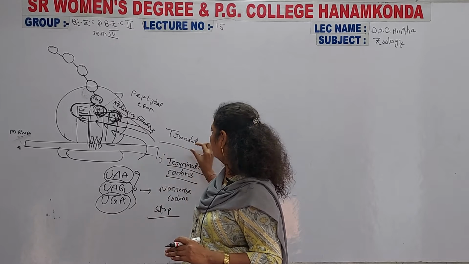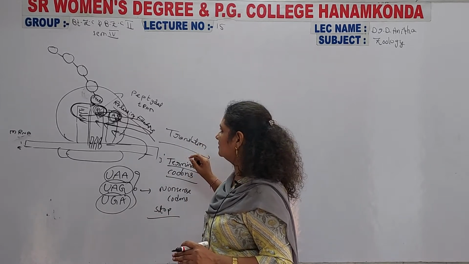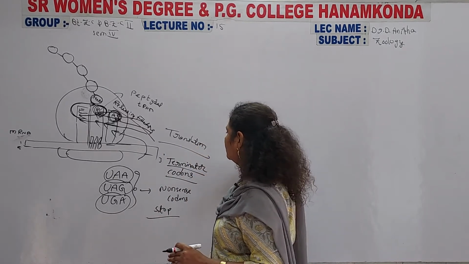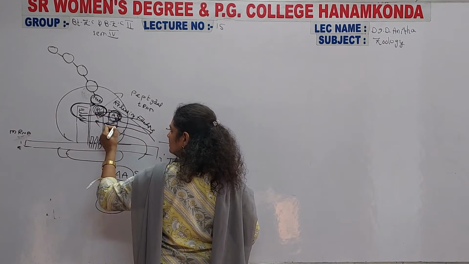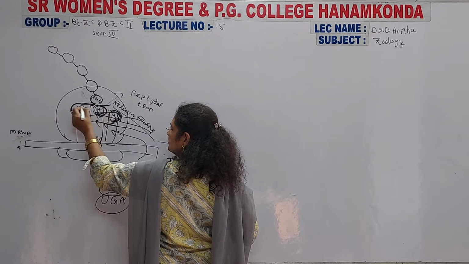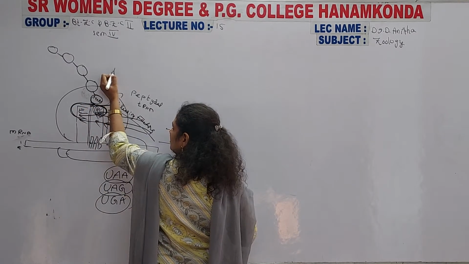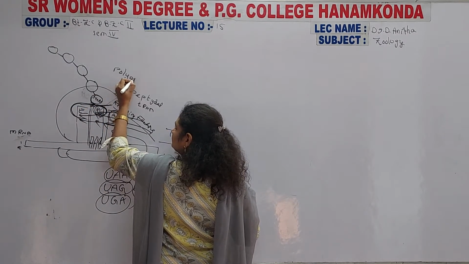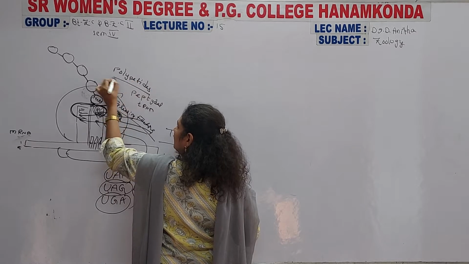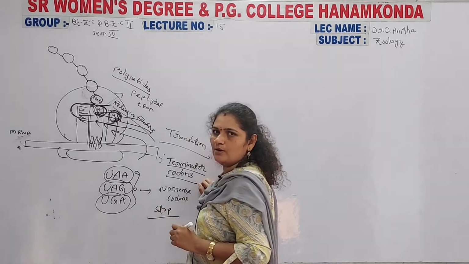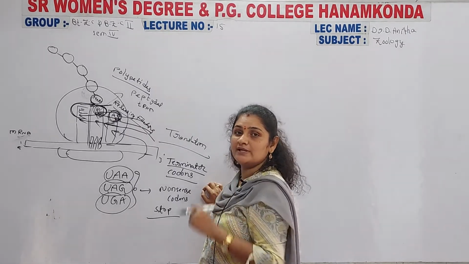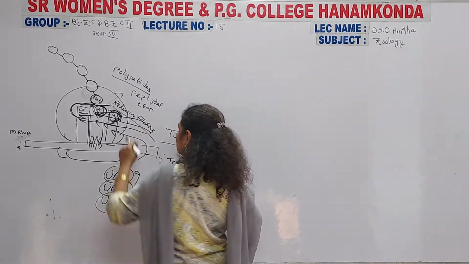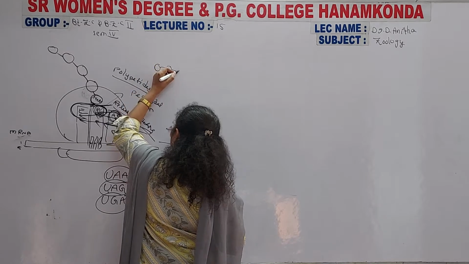At the end of the translation process, when any one of these three codons reaches the A site, immediately the amino acid chain, the polypeptide chain, where many amino acids are fused together, is separated from the tRNA.